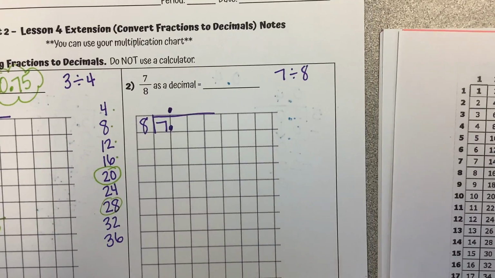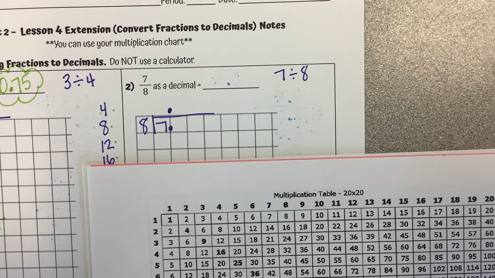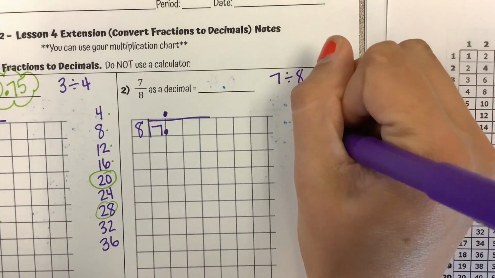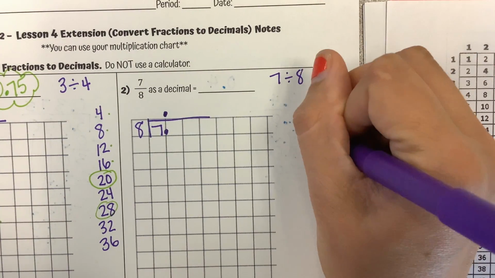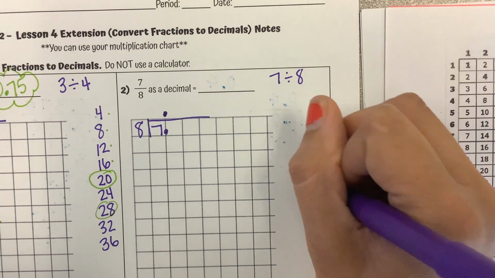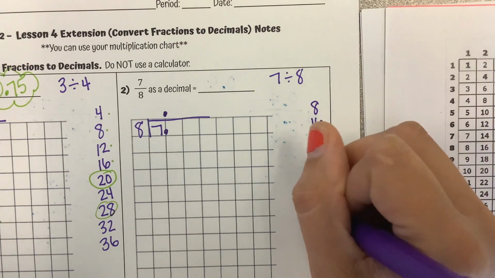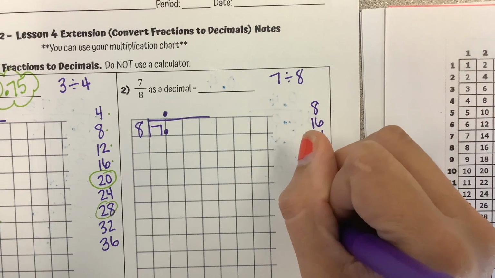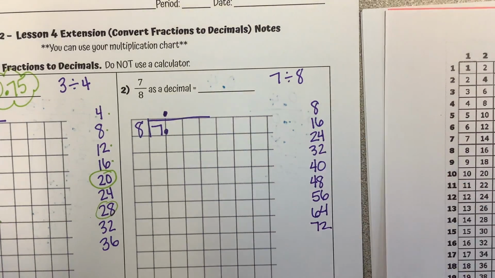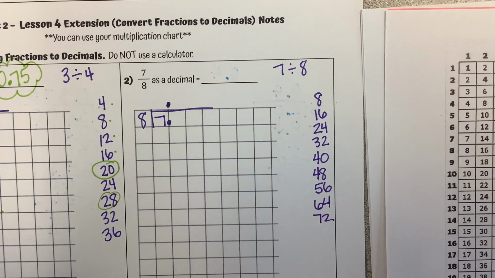And then I'm going to list out some multiples of 8. I'm going to use my multiplication chart to help me with that. So 8, 16, 24, 32, 40, 48, 56, 64, 72. So I just list out my first 9.